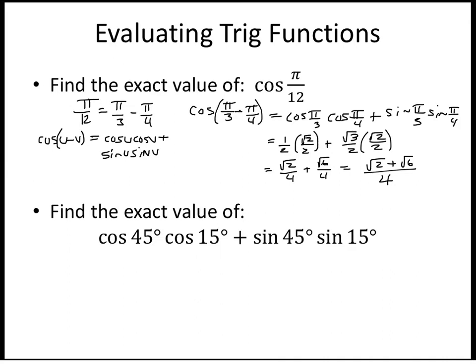And we can see that this is going to be the formula cosine of u minus v. So that will equal the cosine of 45 degrees minus 15 degrees, which is the cosine of 30 degrees, which is square root of 3 over 2.